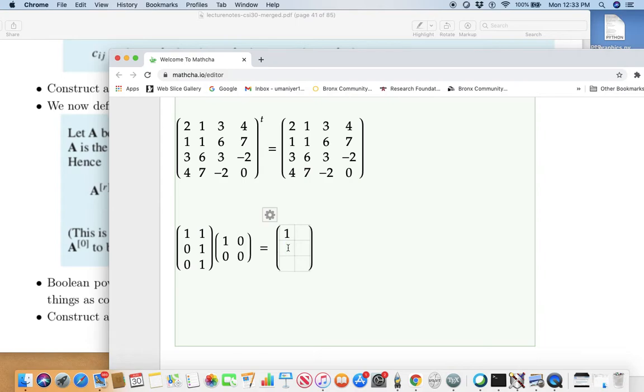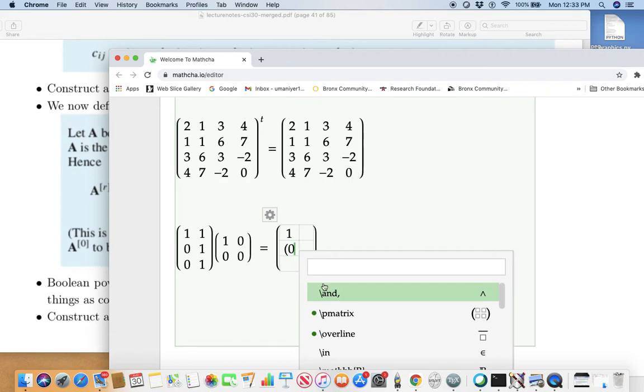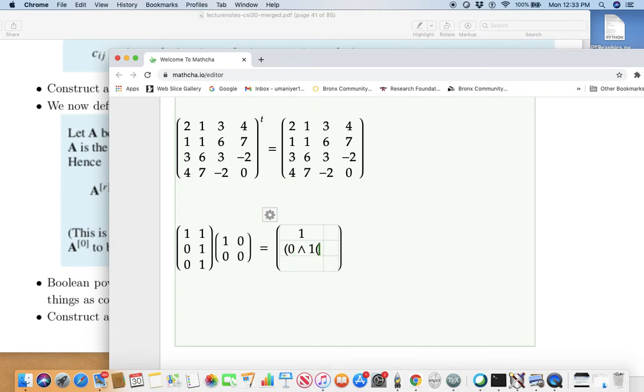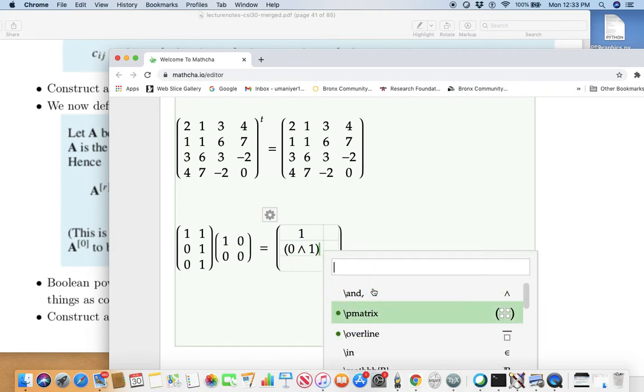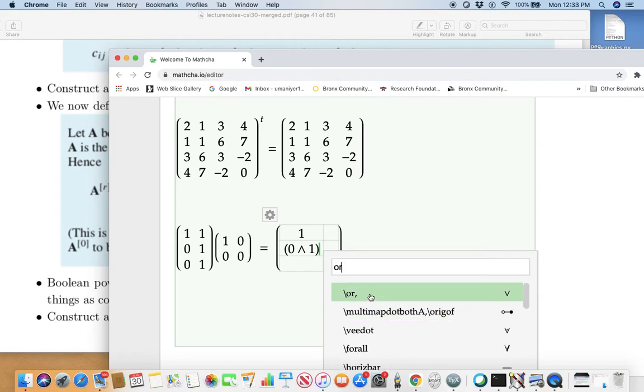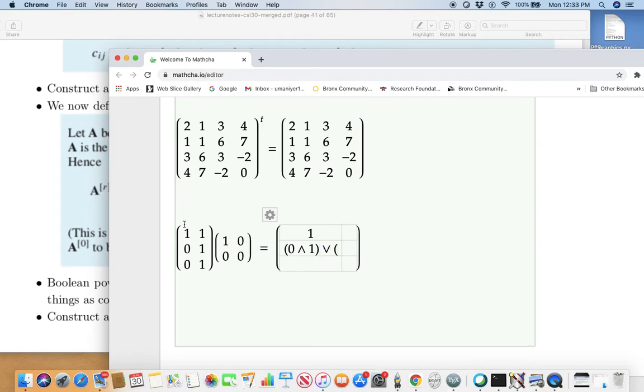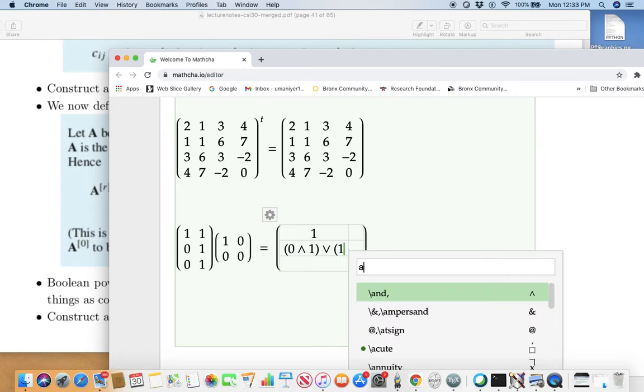Likewise, here is the second entry, first column. So second row, first column. Second row, first column. That is 0 and 1 or 1 and 0.